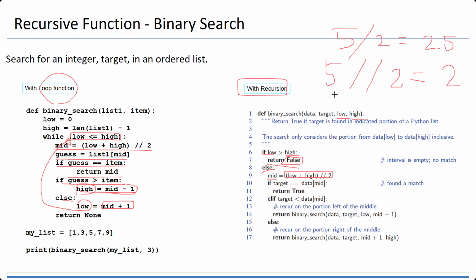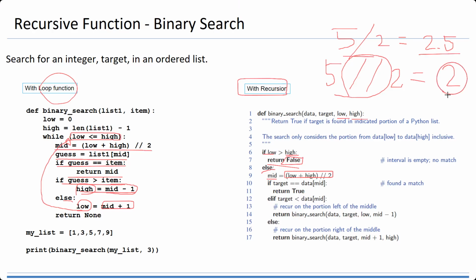Using this double slash means we want to get the integer result from a division. If we use only one slash, we get the real value, which is 2.5. Okay, we want to get the integer result.